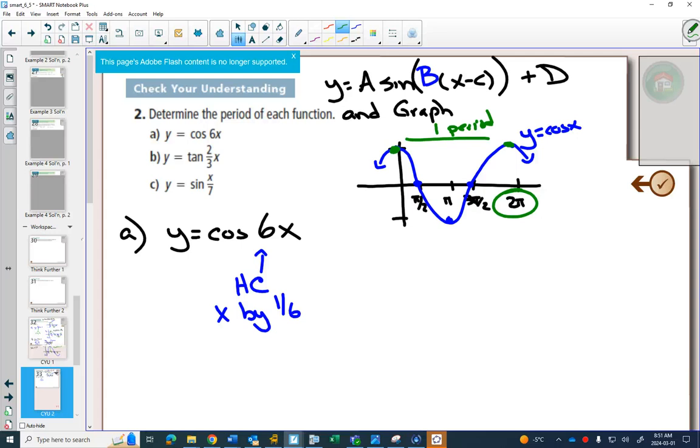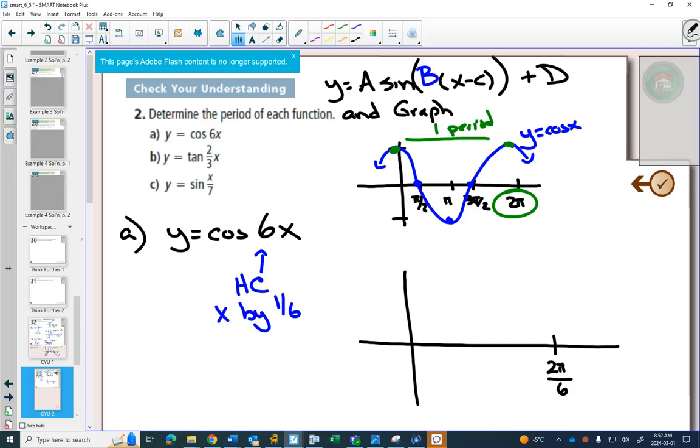So on our new graph, I'm going to take that point, 2 pi. I'm going to draw a different scale so it's not too squished. But can you see that if you multiply 2 pi by 1/6, and I'm not even going to reduce it, I'm just going to write 2 pi over 6.